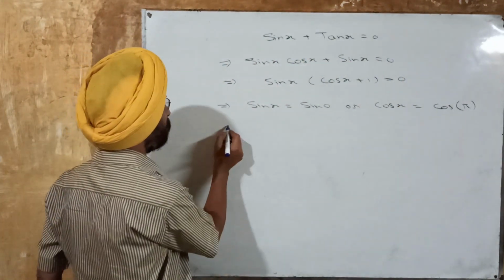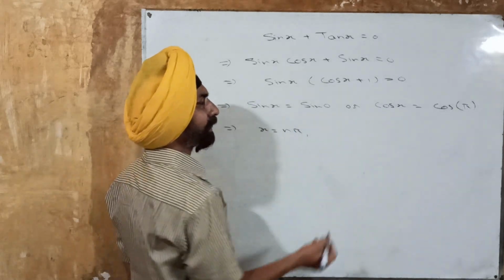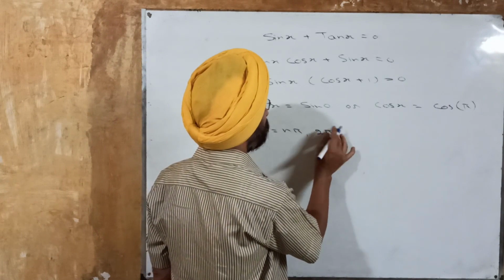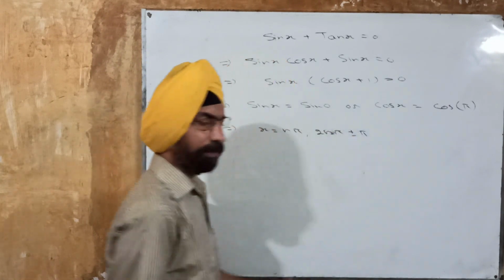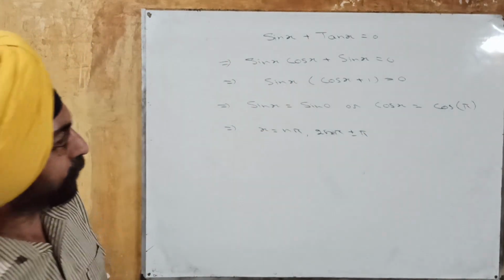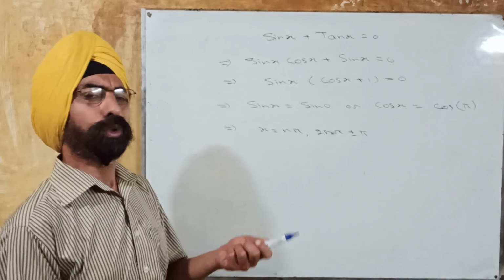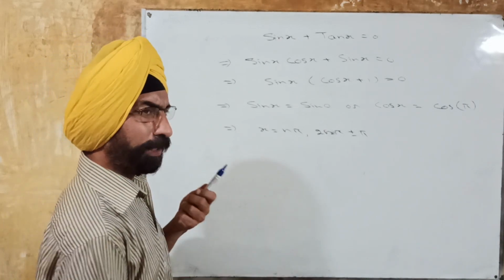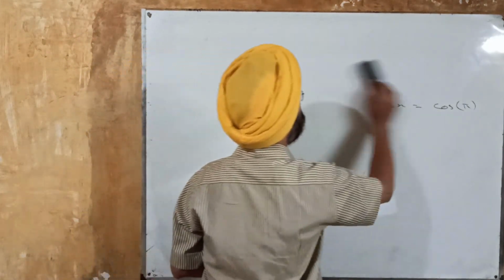So from here your x will be nπ, and from that equation you will get x is equal to 2nπ ± π. So this is one of the ways to solve this equation. I am not going to take more and more ways to solve the same problem. You can have many different possible ways, techniques to solve a particular trigonometric equation. So I am taking only one method, not too much.